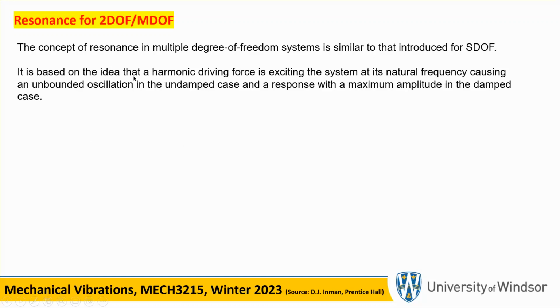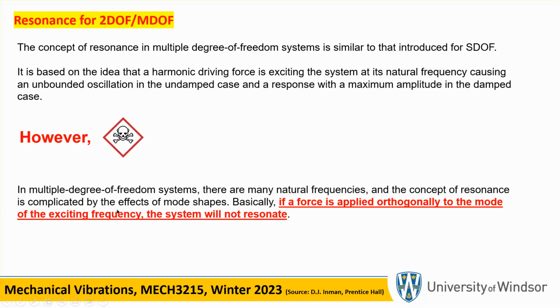It is based on the idea that the harmonic driving force is exciting the system at its natural frequency, causing unbounded oscillation in the undamped case and response with maximum amplitude in the damped case. However, in multiple degree of freedom systems, there are many natural frequencies.